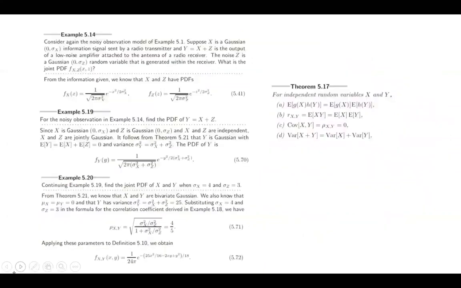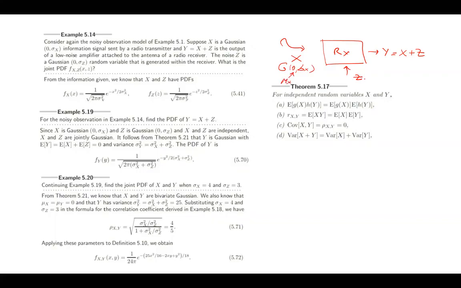Finally, we have the same problem. Receiver, we have an input signal, X, and noise, Z. They are independent, and we get Y, the received signal, X plus Z. And here X is Gaussian with mean 0 and standard deviation sigma X. So mu X is 0.